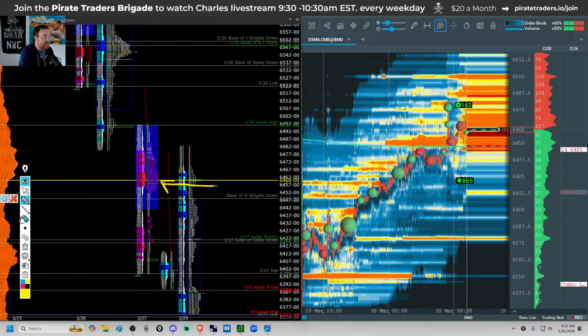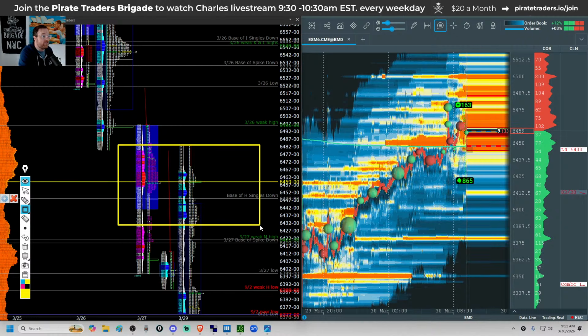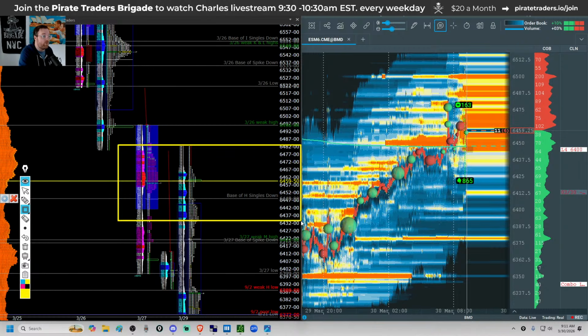So for me today, that chop zone, that area where I'm going to basically just watch and wait, is going to be between the overnight high around 64.82 down to this little node right here around 64.35. This node right here is very important to me.